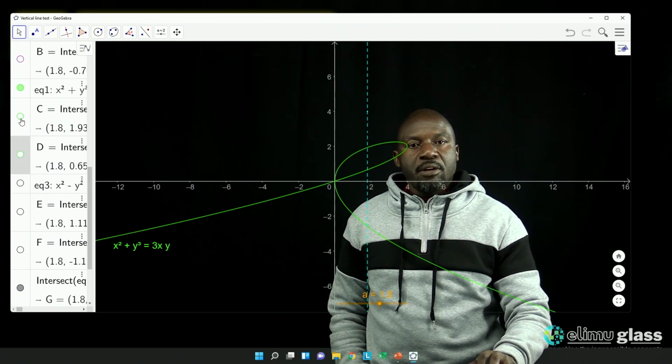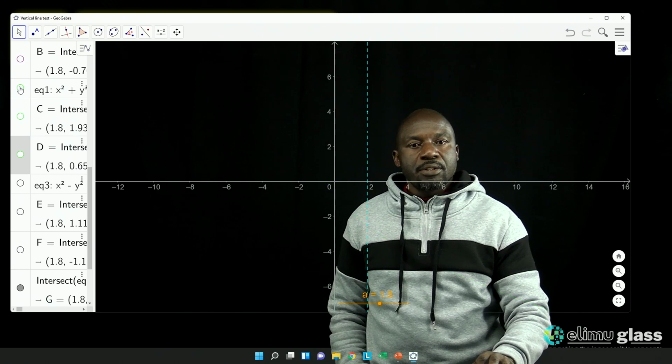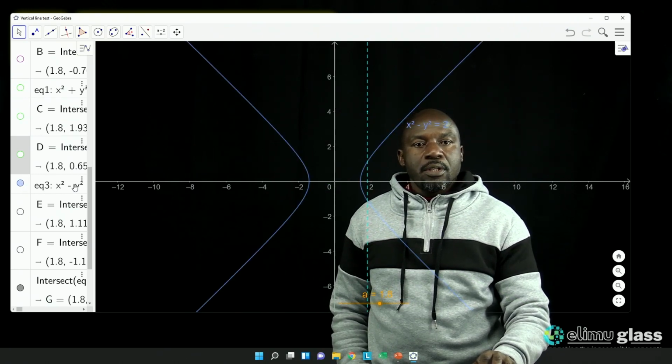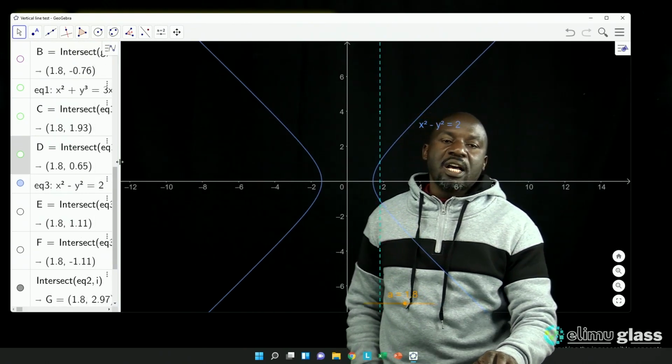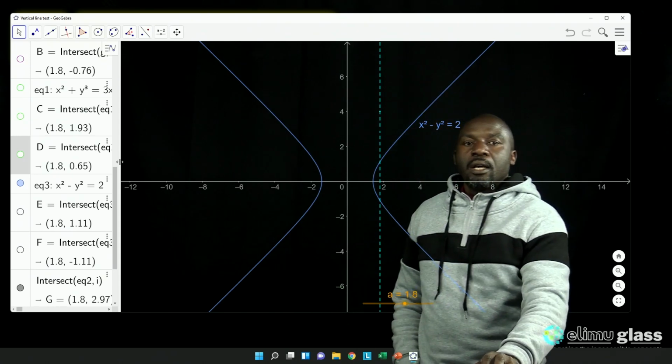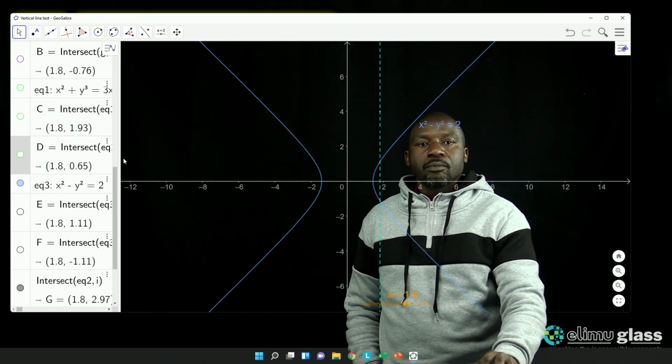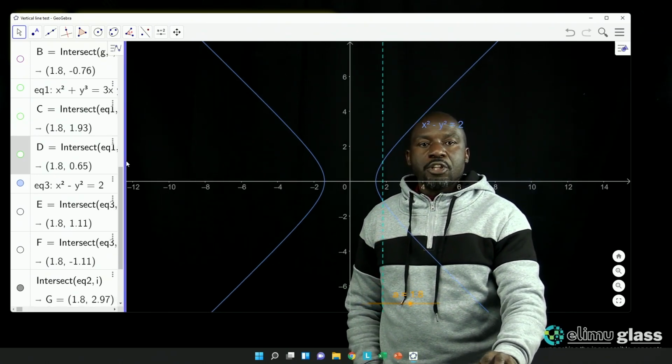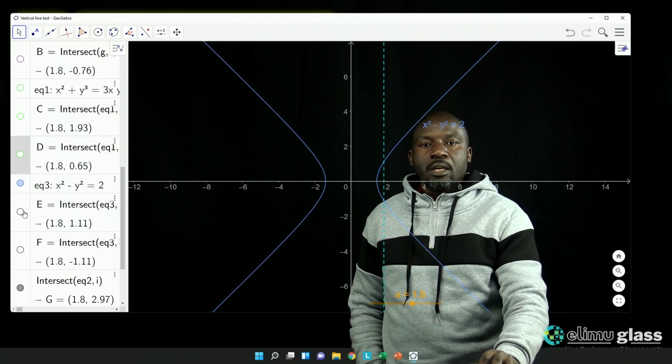You will meet many of these functions that somebody may ask you to check. This is called the hyperbolic function, or the hyperbola. What about this one here? Is this a function? We try the vertical line test there.